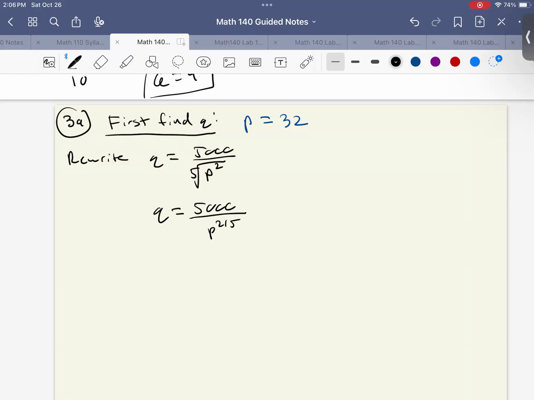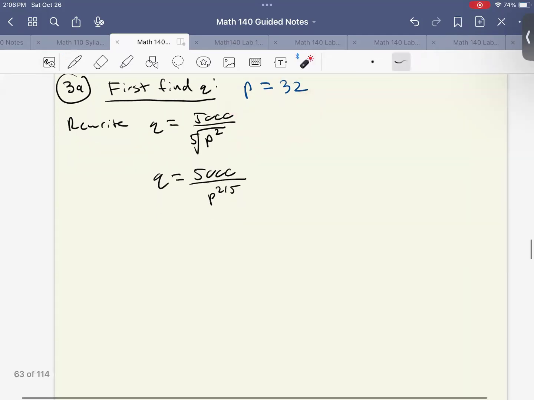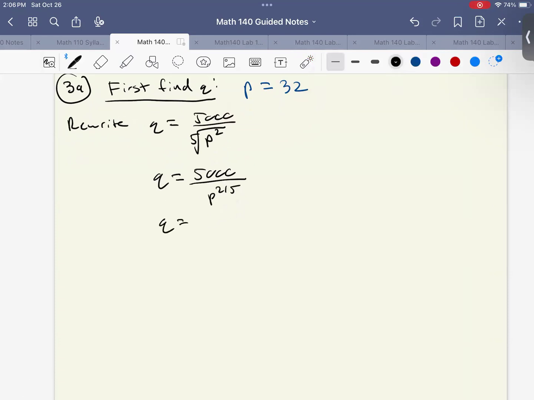So if I'm going to plug in P equals 32, that means I'll have Q equals 5,000 over 32 to the 2/5. Okay, so in your calculator, put in 32 to the 2/5. And this is going to be 5,000 over 4.